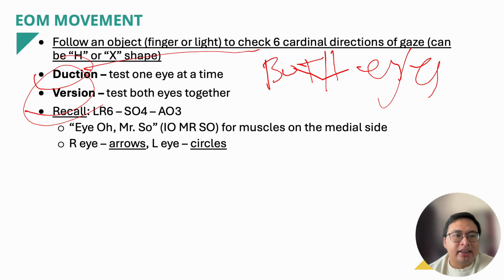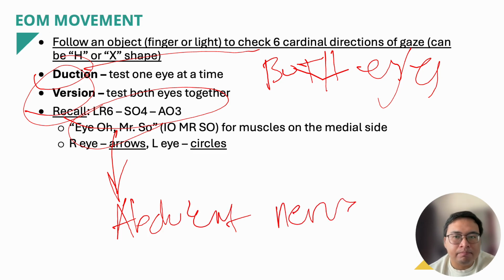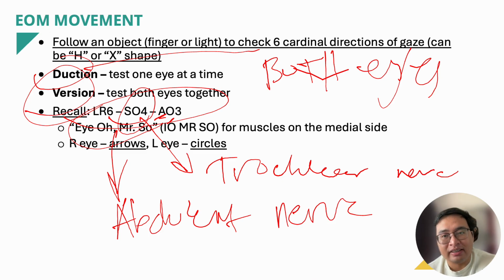So, our mnemonic is this: LR6, SO4, AO3. Meaning, for the lateral rectus, the one responsible for that is the cranial nerve 6 or abducent nerve. Okay, for the superior oblique, the one responsible for that is the trochlear nerve or cranial nerve 4. For all of the rest, it's the oculomotor nerve or cranial nerve 3.